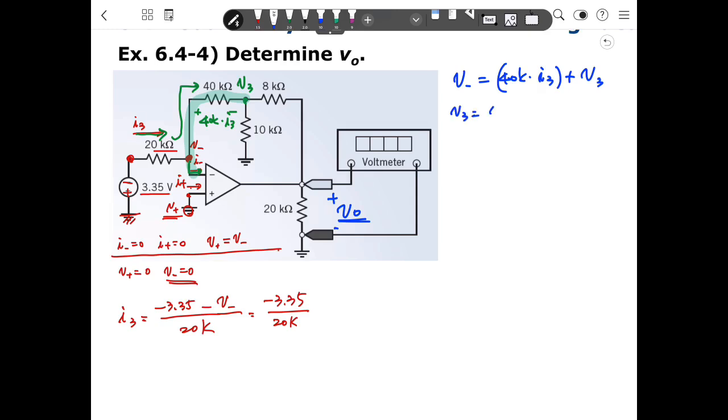So V3 is minus 40 kilo times I3, where I3 is minus 3.35 over 20 kilo, and V minus is 0, so V3 is minus 6.7.